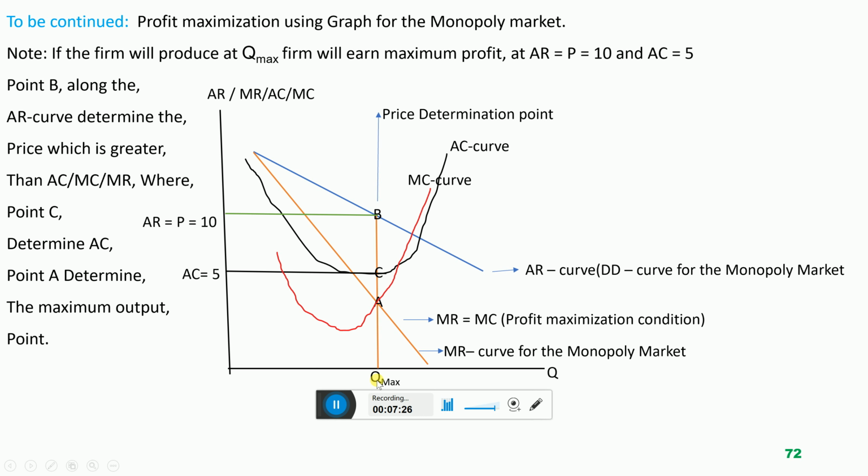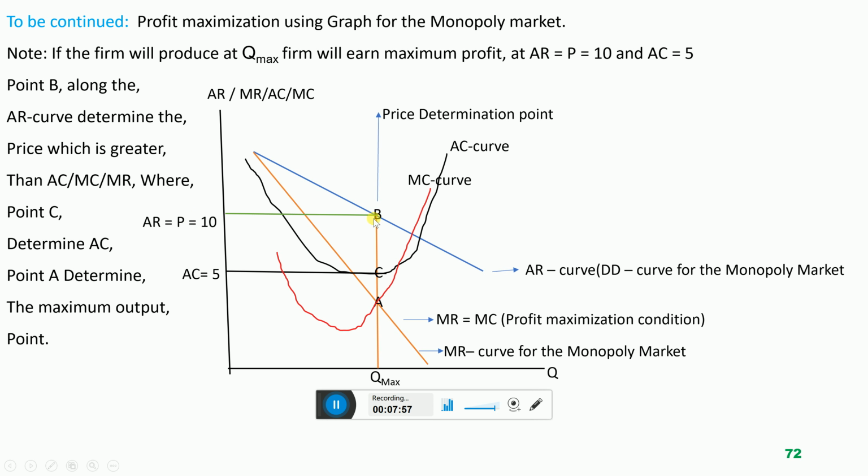For this quantity, the public is ready to pay this much price, 10, because this is the demand curve. Using the demand curve of the monopoly market, the monopolist can define the price: for this maximum quantity produced, the customers are ready to pay 10 Afghani per unit.